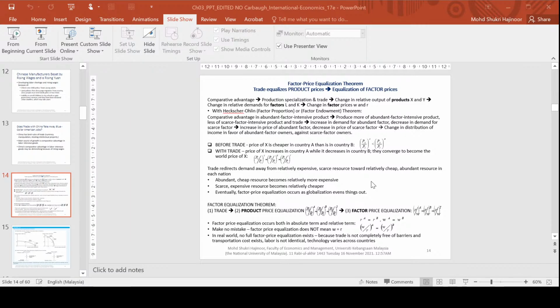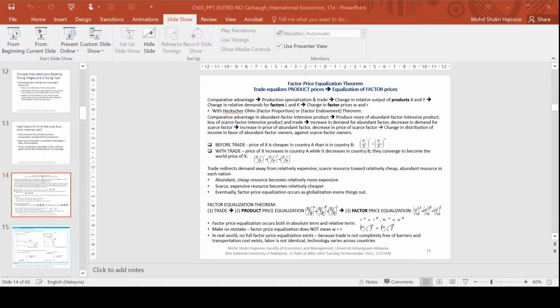So relatively, the United States, which specializes in aircraft, which is capital intensive, sees the demand for capital relative to the demand for labor increase.